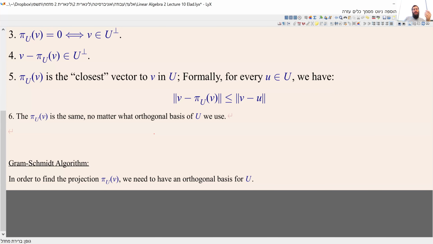express a subspace of a vector space V using one of 3 ways. We can write it down as the span of something. We can write it down with a system of linear equations, all the vectors x, y, z in R3 that satisfy x plus y is 0 or something like that.